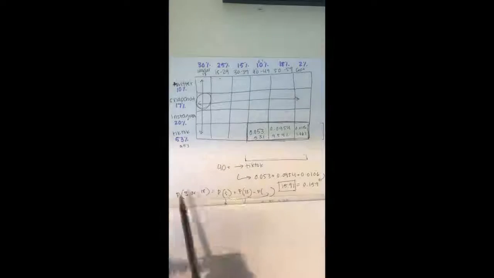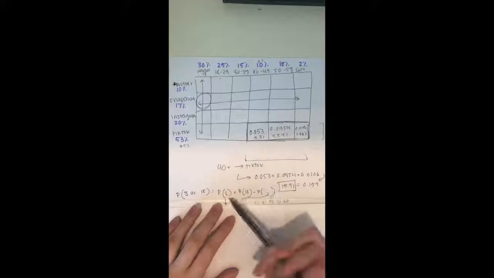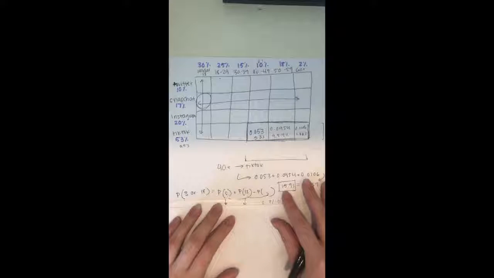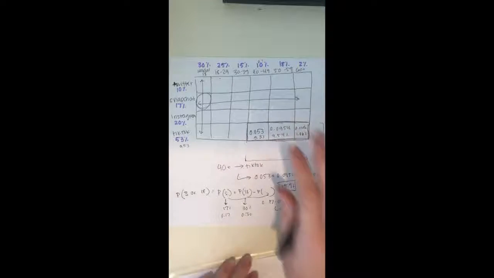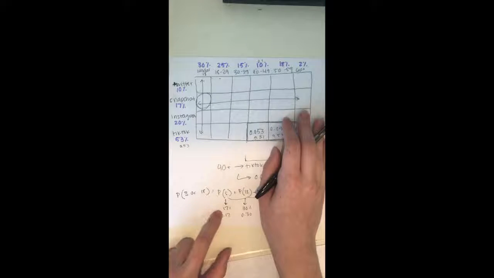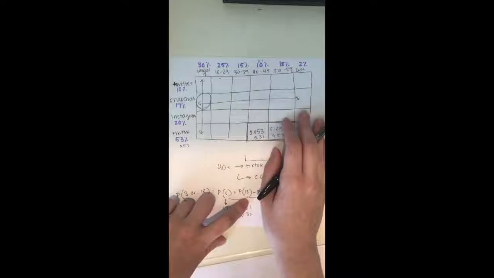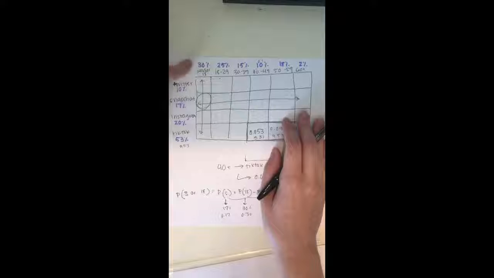So the probability of using Snapchat or being under 18 would be the probability of using Snapchat plus the probability of being under 18 minus when both of those happen at the same time. In this case, I'm just going to cover this part with my hand. It would be 17% because that's what Snapchat is, and under 18, which is 30%.